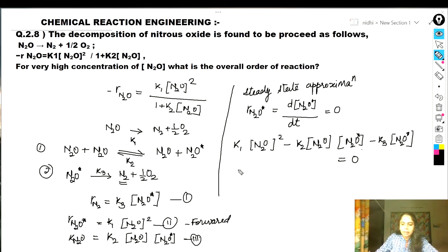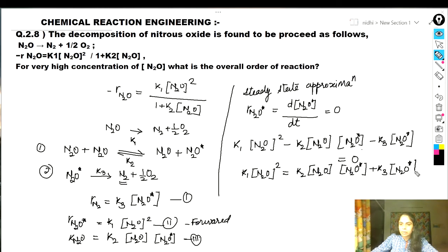Fine. Then just rearrange this whole thing. So K1 N2O square and K2 N2O N2O star, these two are negative, so we keep it one side and take that side. Okay. So K1 N2O square is equal to K2 N2O N2O star plus K3 N2O star.